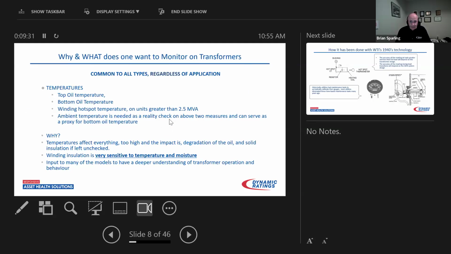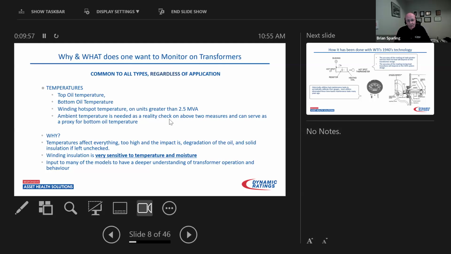So, what to monitor on a transformer? Temperature is common to all types, regardless of application, whether it's a generator, step-up transformer, shunt reactor, an arc furnace transformer, whatever it may be. These things apply. So, measurement of the top oil and bottom oil temperature of the transformer.